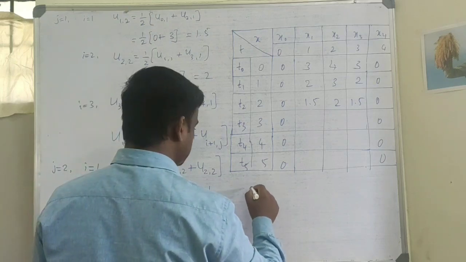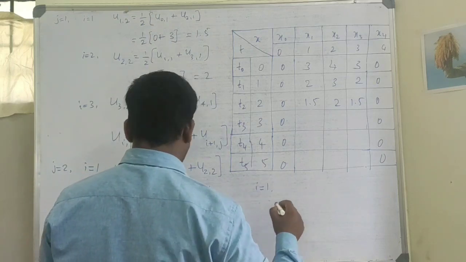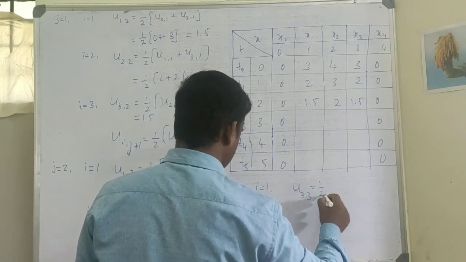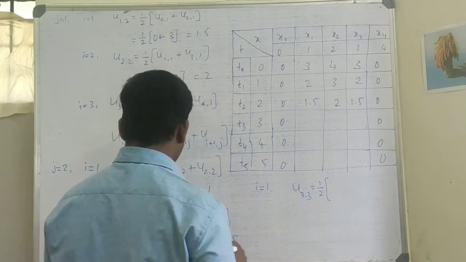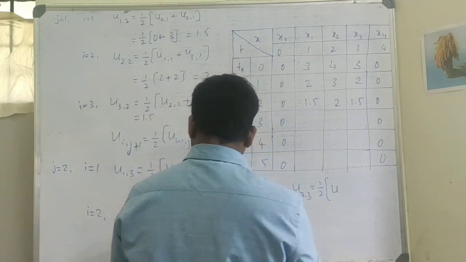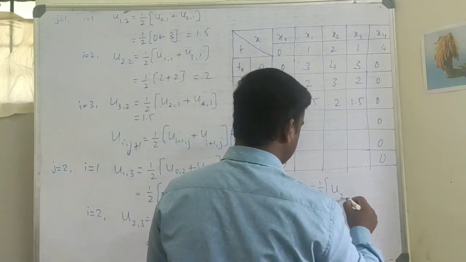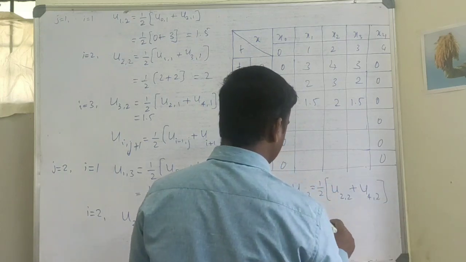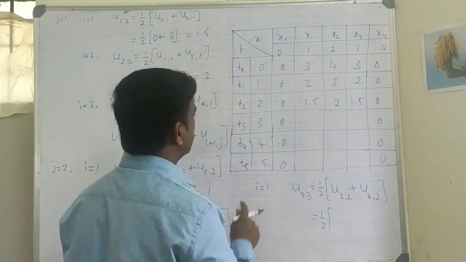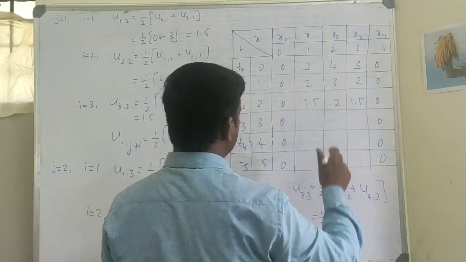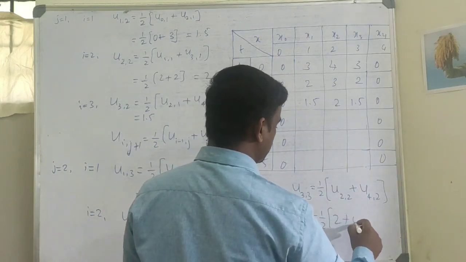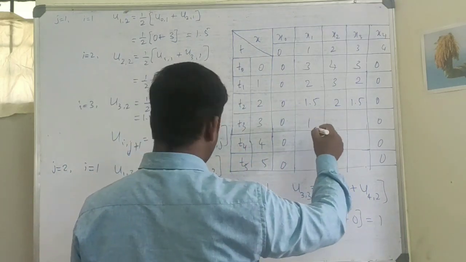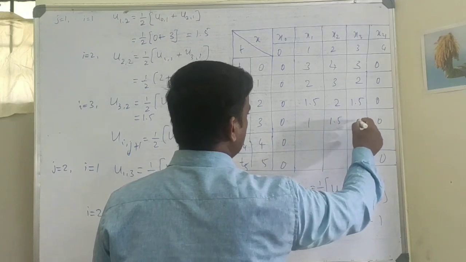Next, taking i equal to 3, u(3,3) = 1/2 [u(2,2) + u(4,2)]. u(2,2) is 2 plus 0 by 2, so 1. So these entries I got: 1, 1.5, 1.